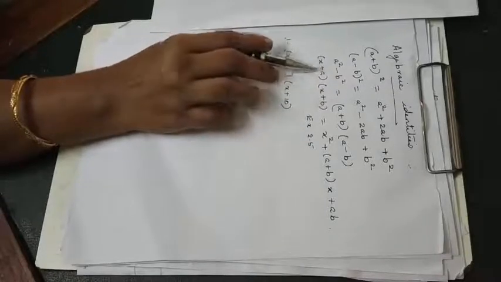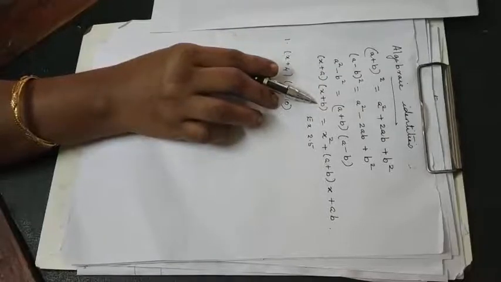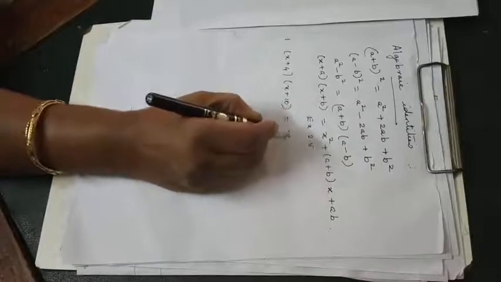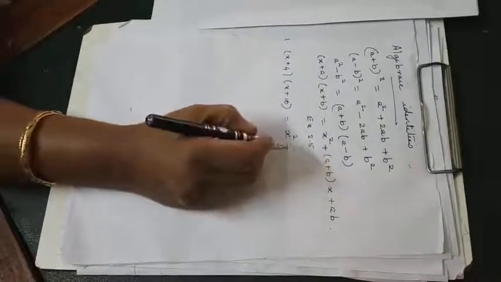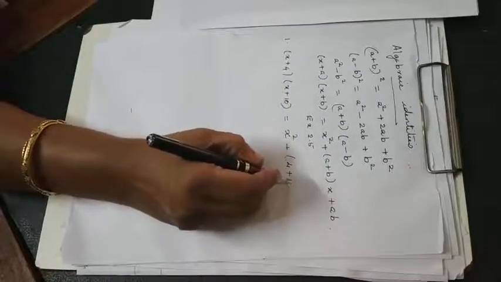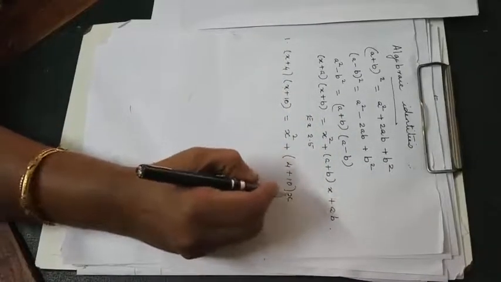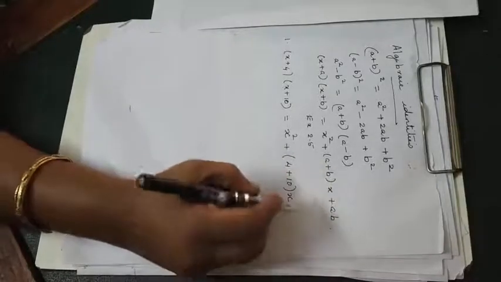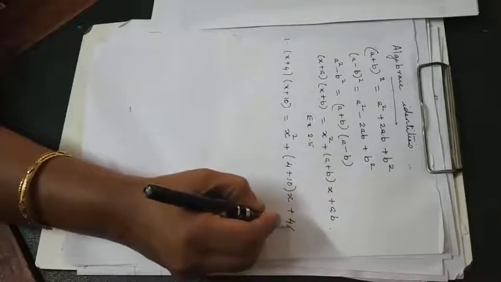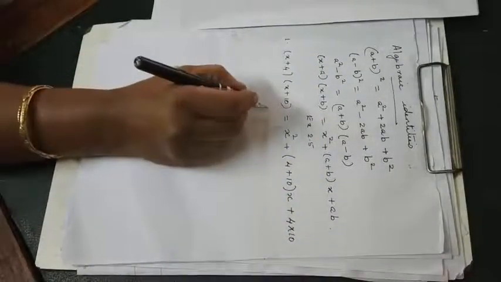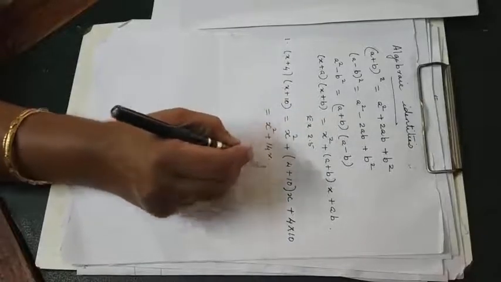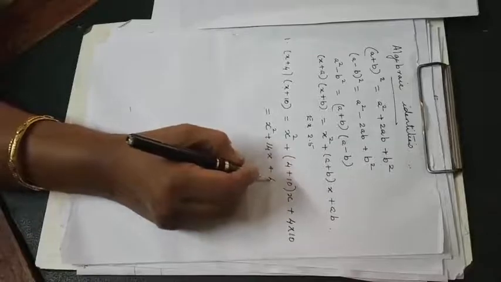So here it will come first one x square. Now (a plus b) into x, that is (4 plus 10) into x. They are same sign, so the same thing it will come. Now 4 into 10, that is x square plus 14x plus 40.